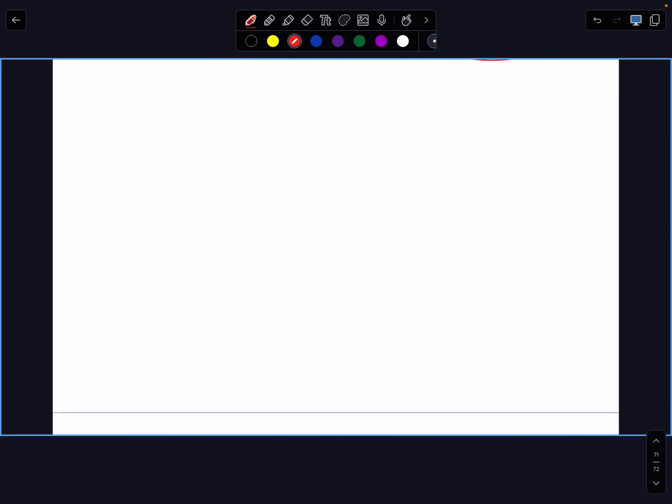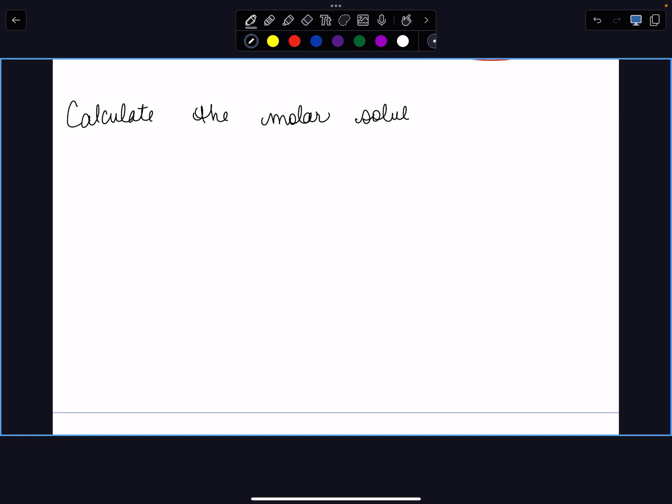So what if I needed to calculate the molar solubility of, I was going to do lead 2 sulfate in sulfuric acid.